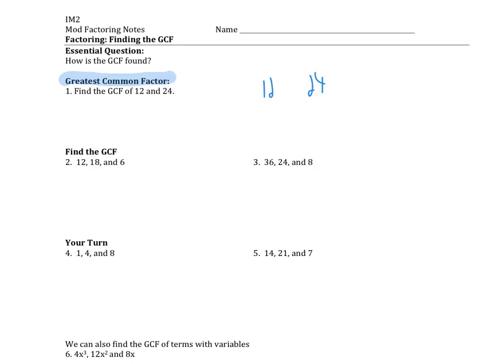So we can start easy, and some may say 2. So then that gives us 6 and 12. Then someone might say 3, and that gives us 2 and 4. And then we'd see 2, and that gives us 1 and 2.